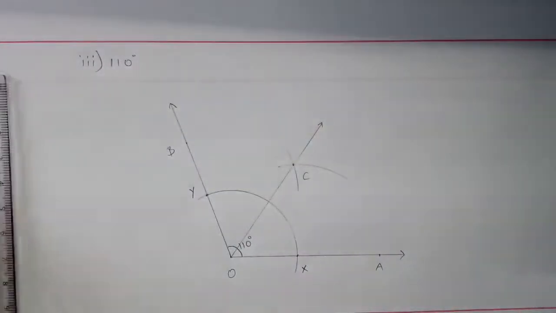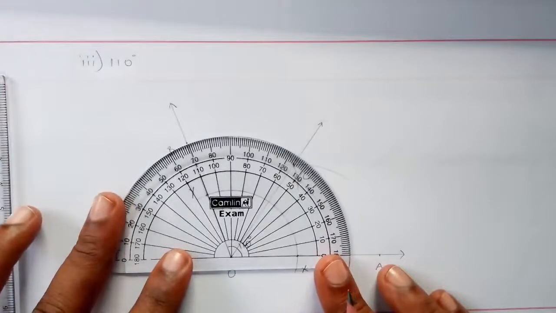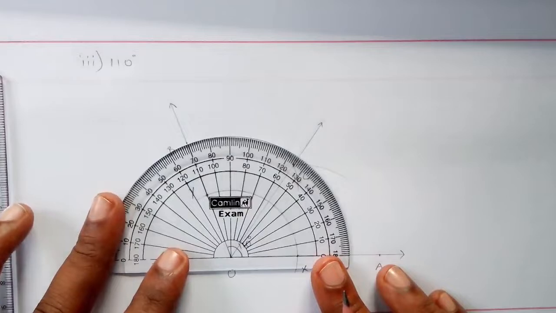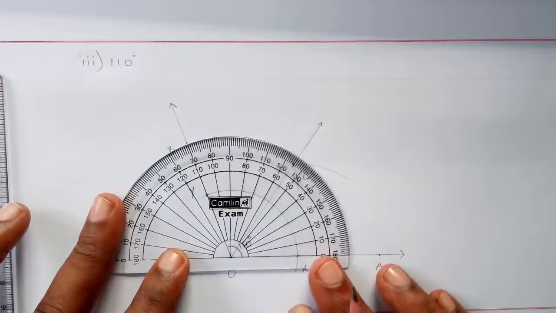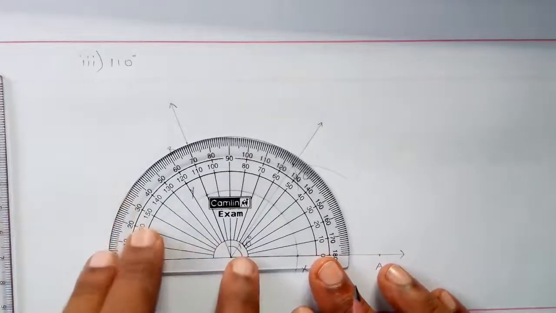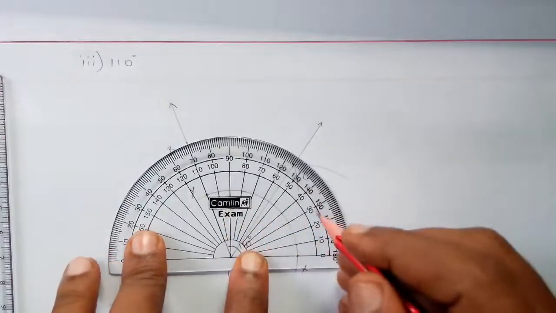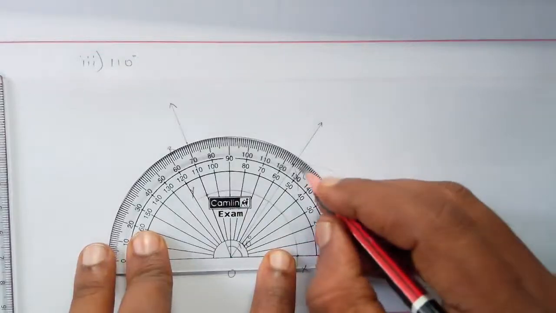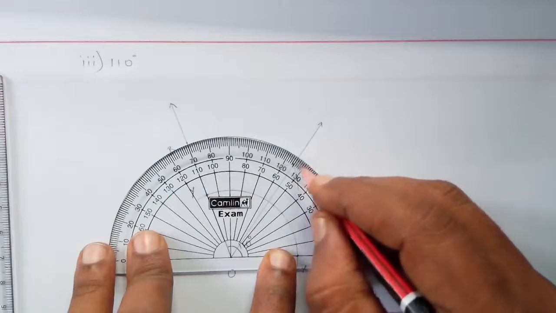Now we have to check whether our construction is correct or not. Place the midpoint of the protractor on O, baseline on OA. So we have drawn 110 degree, AOB is 110 degree. Now see angle AOC, exactly it is going at 55 degree.